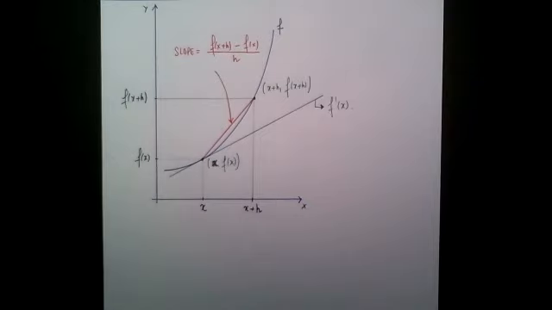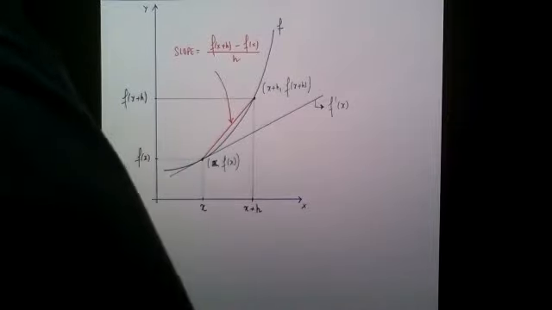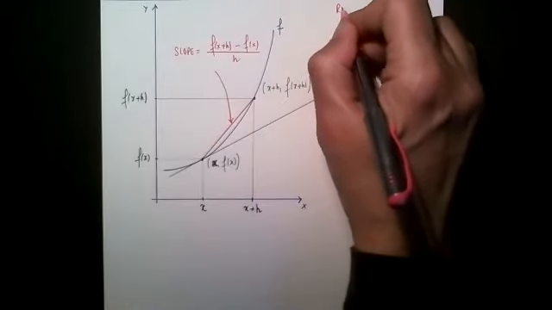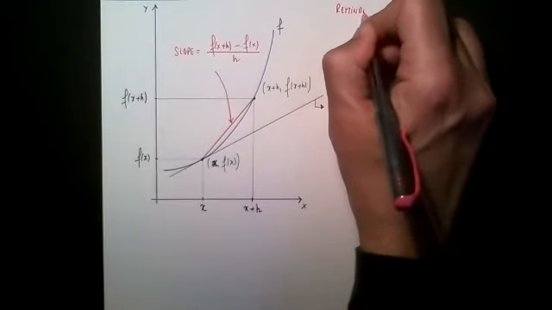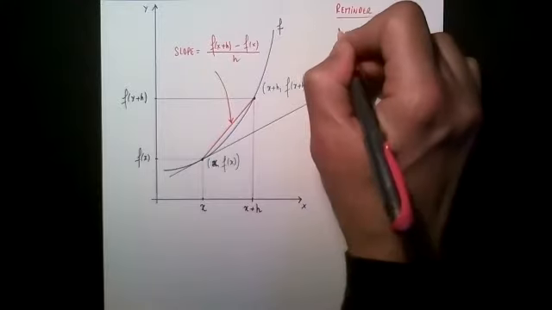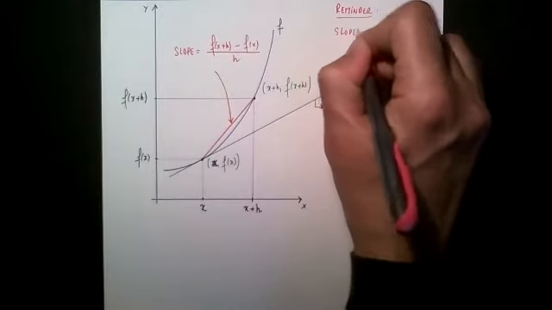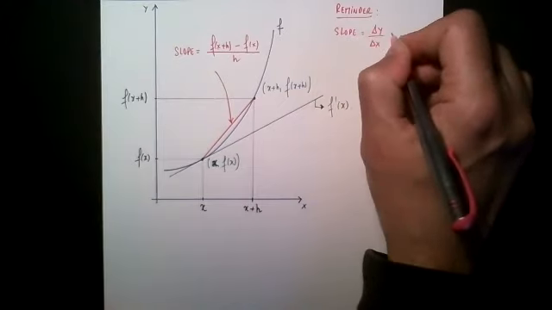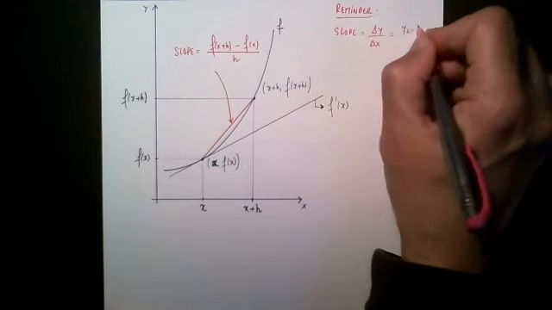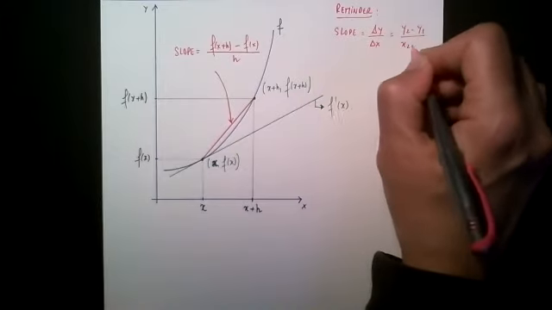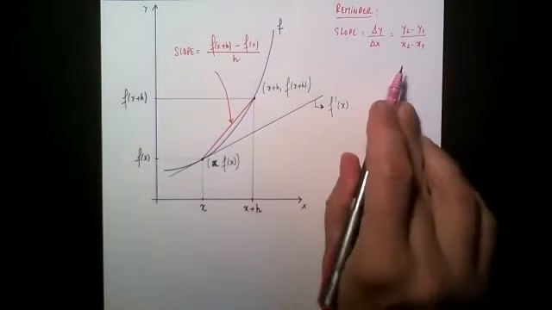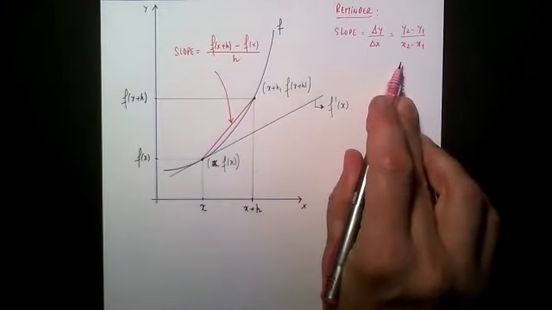Sorry, can you just re-explain how you got the slope? Sure. Okay, the slope right here. So a quick reminder: slope is equal to delta y over delta x, which is y2 minus y1 over x2 minus x1. Remember this from high school? Yeah.